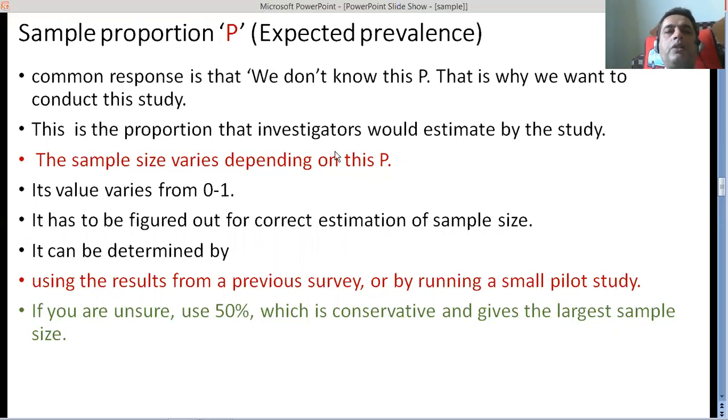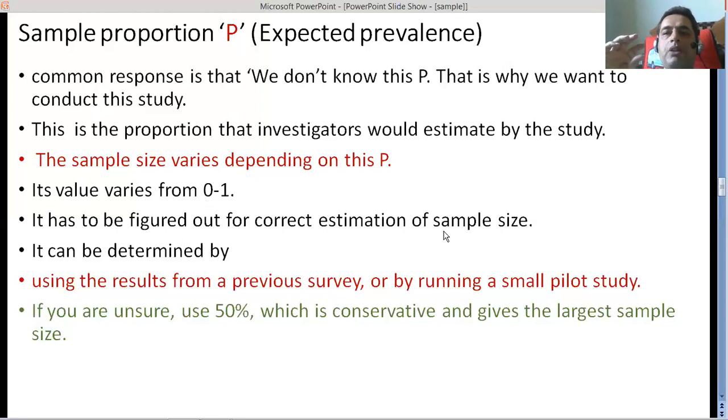This is the proportion that the investigator would estimate by the study. Its value ranges from 0 to 1, and it has to be figured out for correct estimation of the sample size.